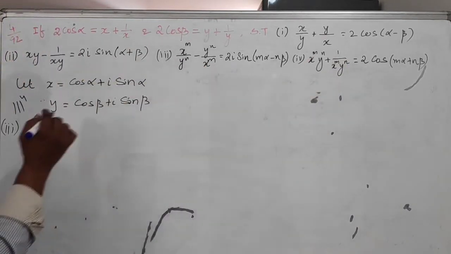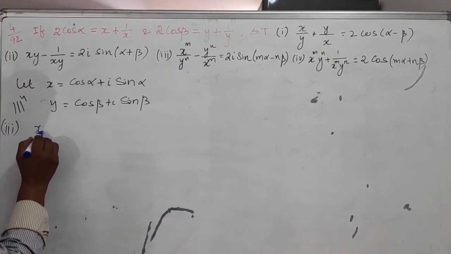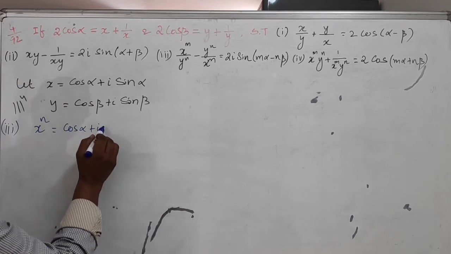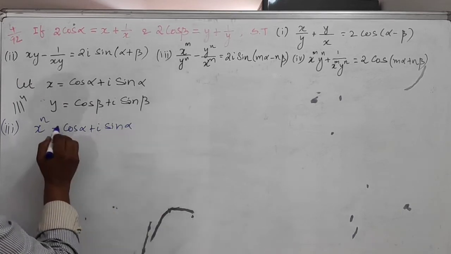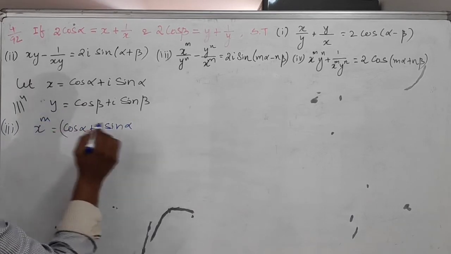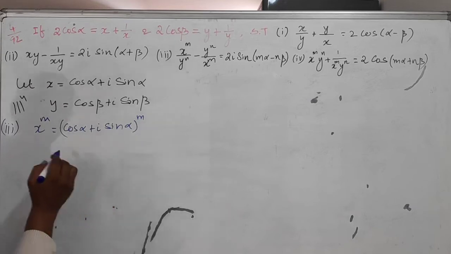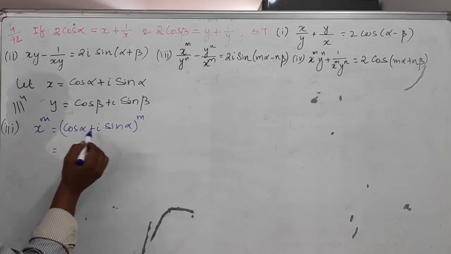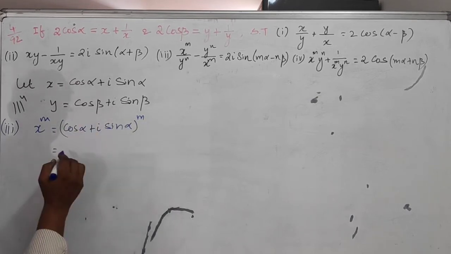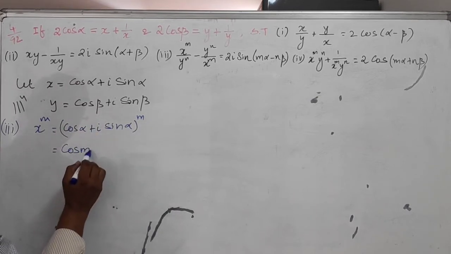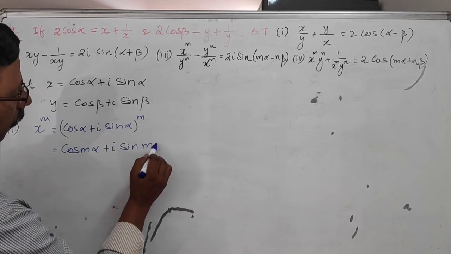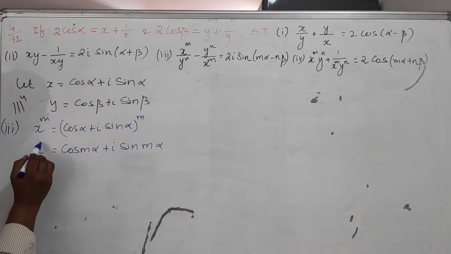First let us find x power m. x power m means cos alpha plus i sin alpha whole power m, which is equal to, we can apply De Moivre since it is in the standard form. Therefore, you can write cos m alpha plus i sin m alpha. This is x power m.